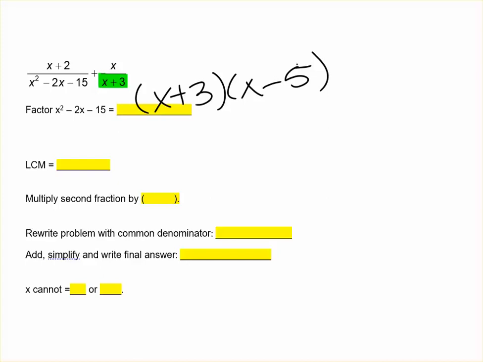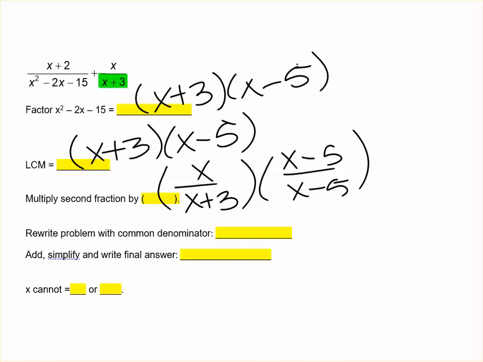So my least common multiple is going to be that first denominator of x plus 3 times x minus 5. Now, if we want the second fraction to have the denominator of x plus 3 times x minus 5, that means we're going to need to multiply the second fraction by x minus 5 in both the numerator and the denominator.